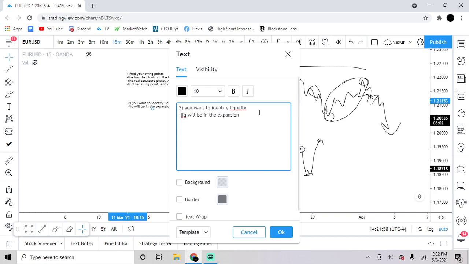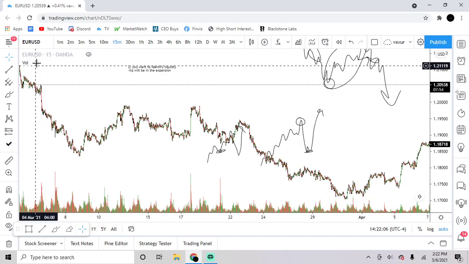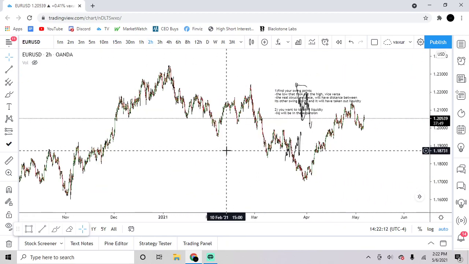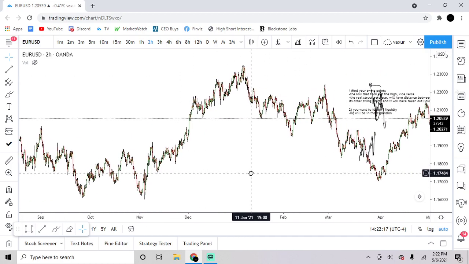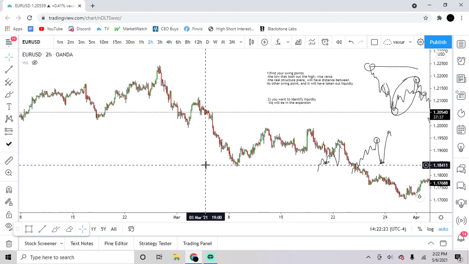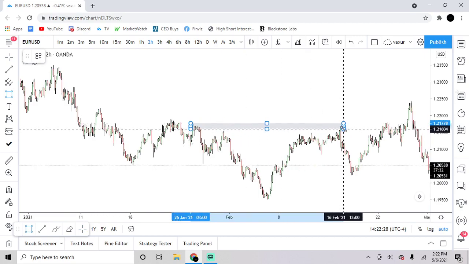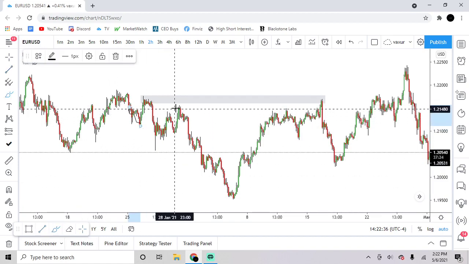Liquidity inducement is the inducement of premature selling and buying. And I'll show an example of that on the charts right quick. So for instance, if you were to take this and say it was your order block, because you can see in here it took out liquidity right here.